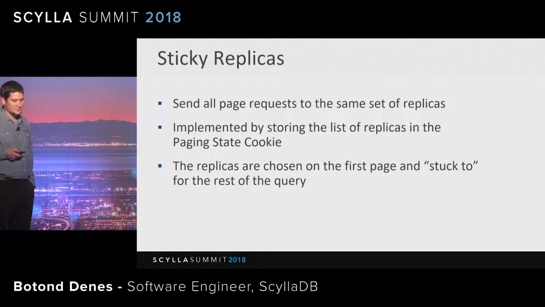Because now we want to stick to the same replicas, it can happen that the driver will choose a coordinator that is not one of the replicas that were in this initial list. And so we will introduce an extra network hop. This can be solved by modifying the drivers to stick to the same coordinator for the entire query. And in fact, my colleague Piotr will talk about this in his talk later this day.